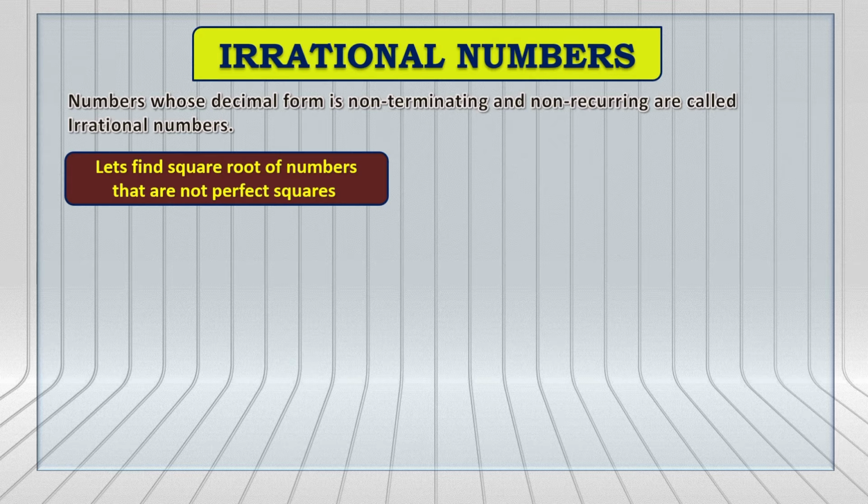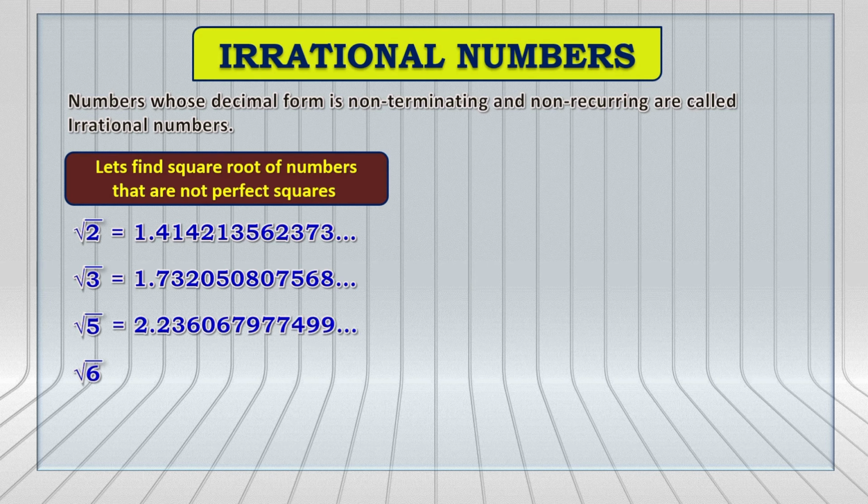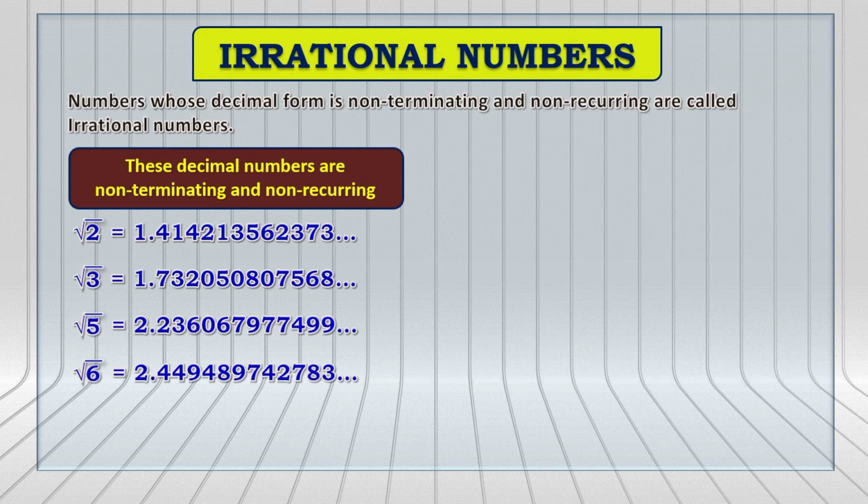Now let's find the square root of numbers that are not perfect squares, like root 2, root 3, root 5, root 6. If you find the square root of it, you will see that it will never end and you will not find any repeating digits. So it is non-recurring and non-terminating. The same goes for root 3, root 5 and root 6.